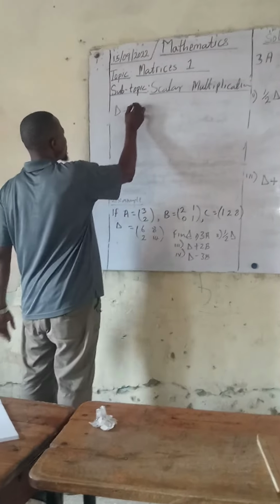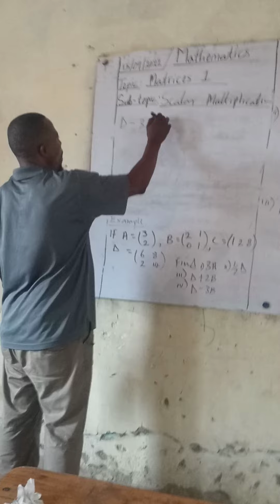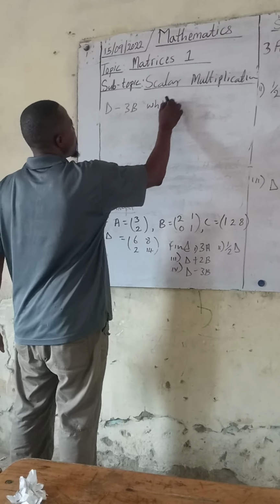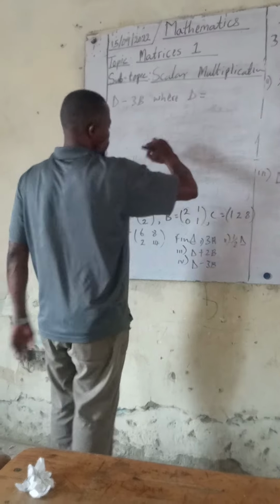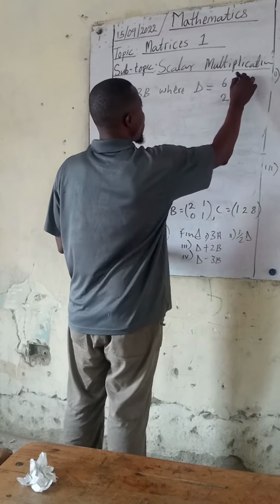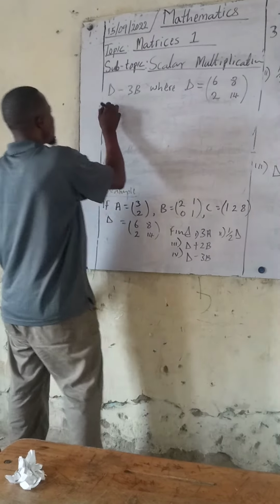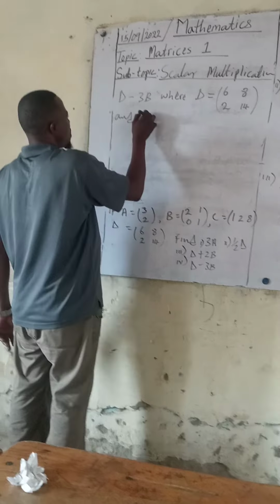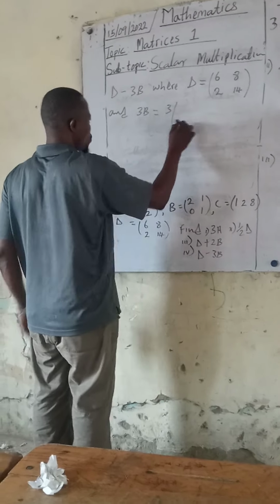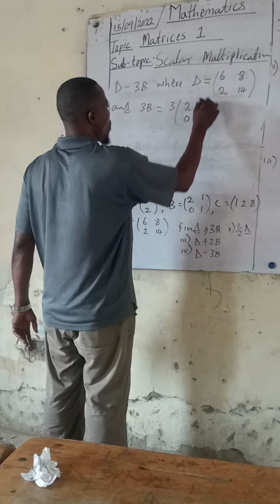D minus 3B. So now, D equals 6, 2, 8, and 14. And 3B equals 3 into our B, which is 2, 0, 1, 1.